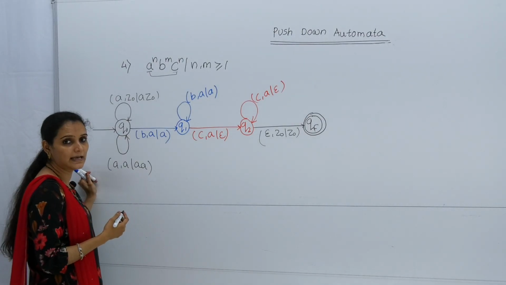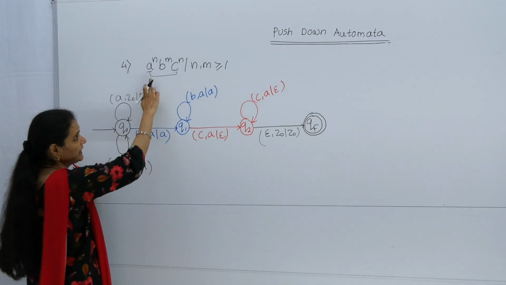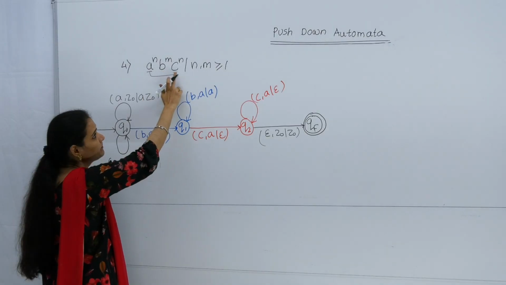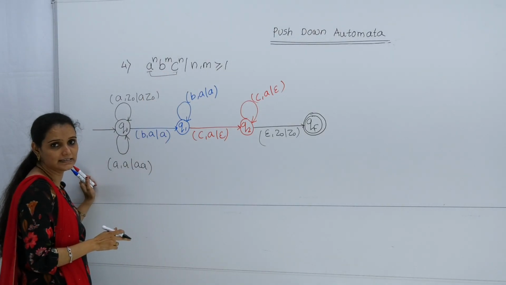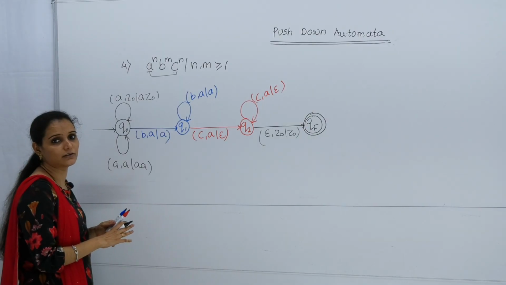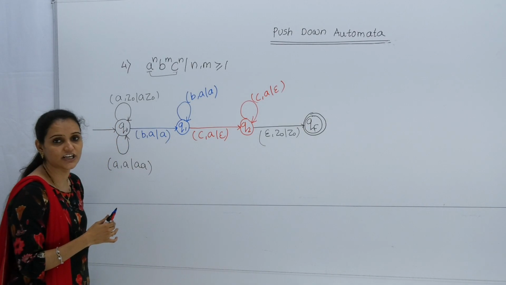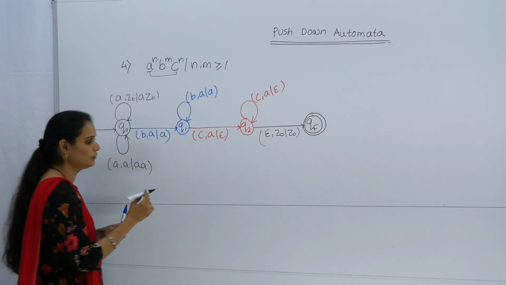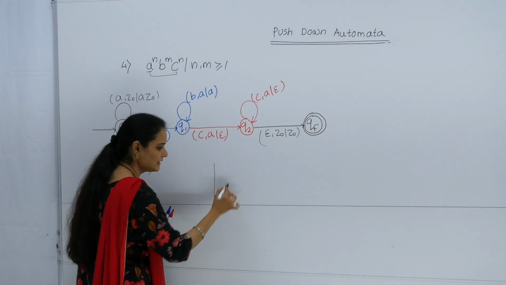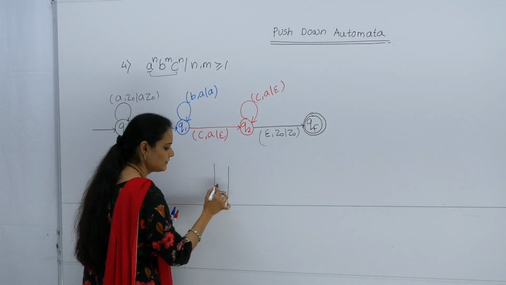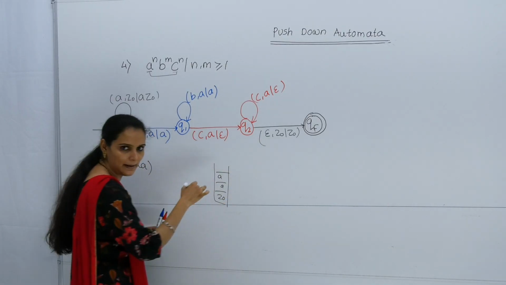In the previous example we saw that the number of A's should be equal to the number of B's, with no restriction on the C's. In the same way we are going to design the state transition diagram. What change are we going to make? We push the A's into the stack in the same way as in the previous example.